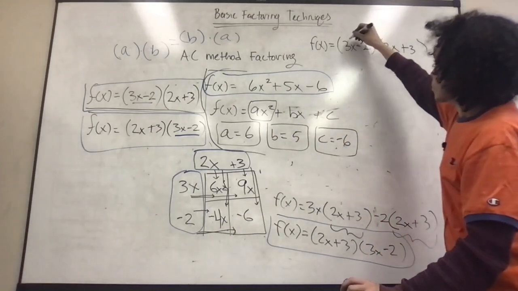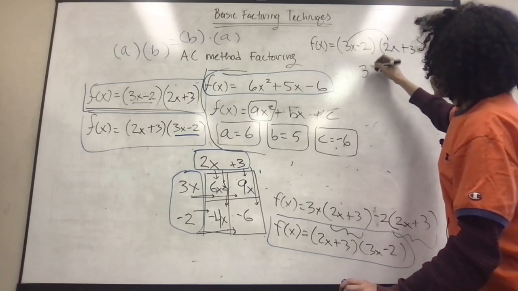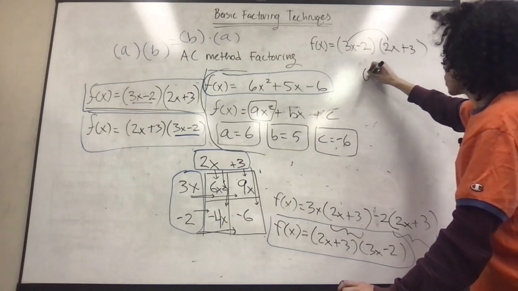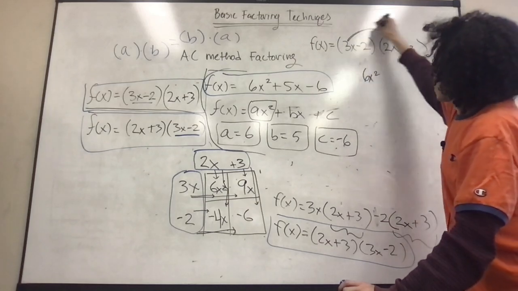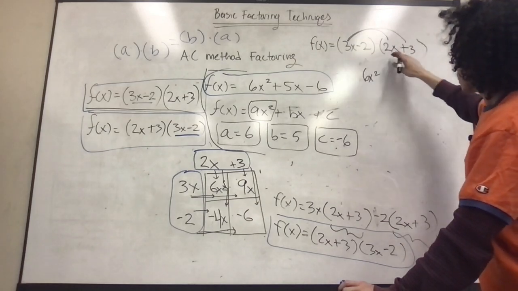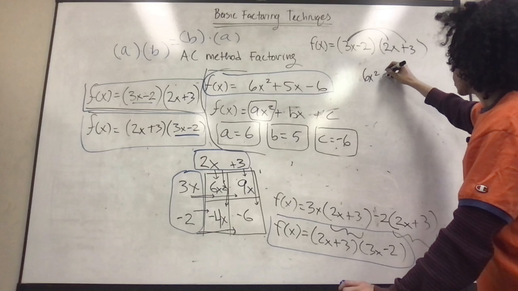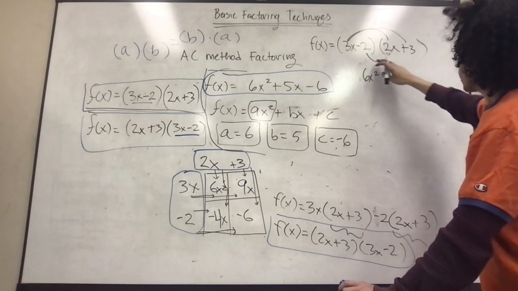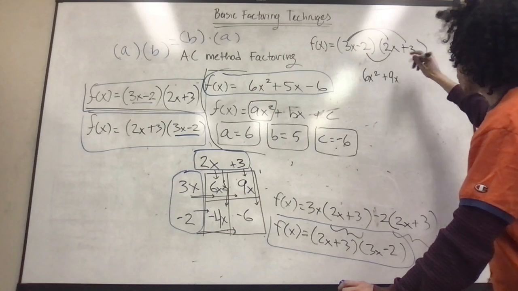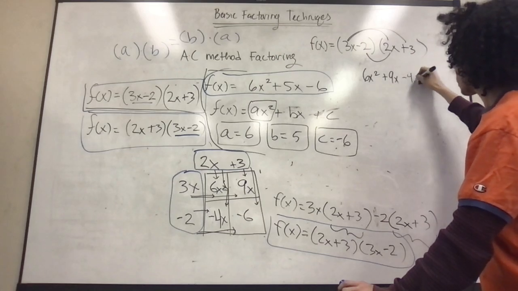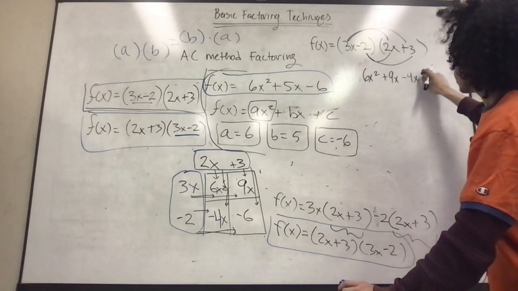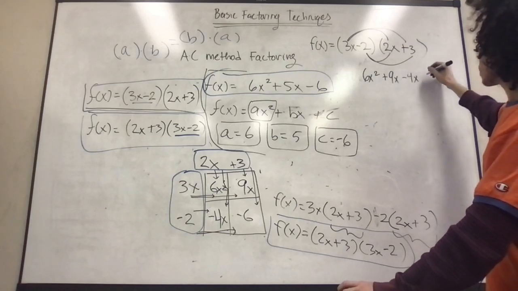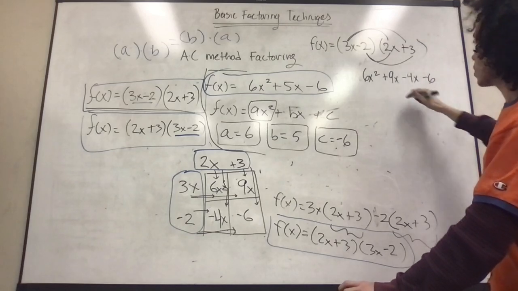So again, we distribute. 3x times 2x is equal to 6x squared. Now we have 3x times 3, which is equal to 9x, all right? Then you have negative 2 times 2x, which is equal to negative 4x. And then you have negative 2 times 3, which is equal to negative 6. There you go.